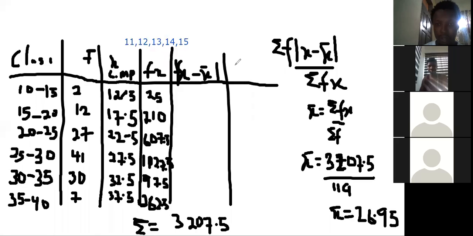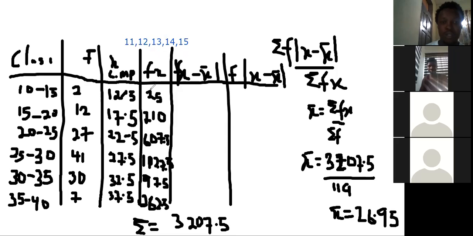So we come and find x minus this. Our x is 12.5, so 12.5 minus 26.95, you write it here. 17.5 minus 26.95, you write it here, just as we did in a previous class.